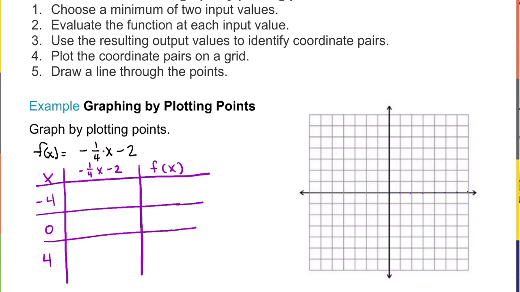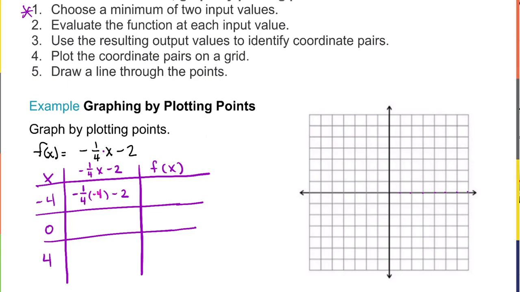Again, you are choosing your input values. You need to choose at least 2. I'm choosing 3. Normally, I choose 5. But we'll stick with 3 for now. So you take the equation or the function, and everywhere you see an x, you substitute what you're evaluating it at in there for x.